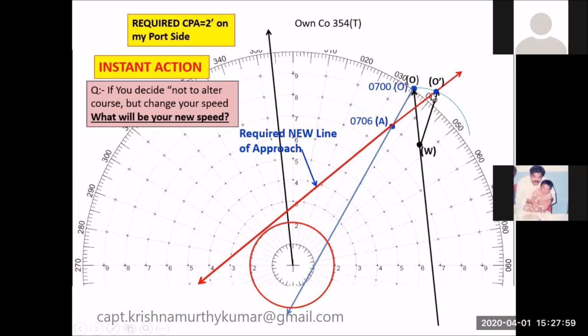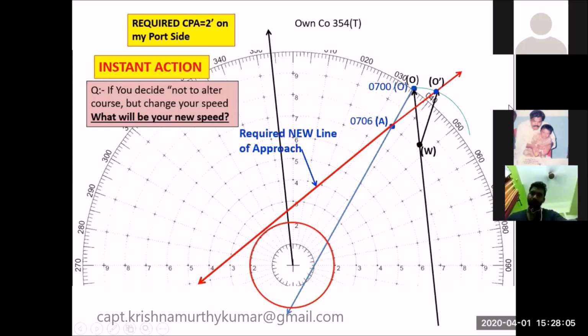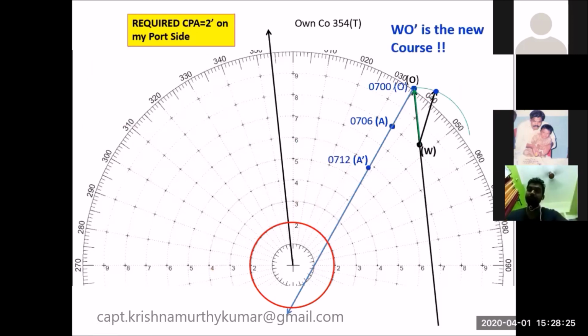Where are we going to put the O dash? Here. So take out that. This is O dash. So this will be your new speed. WO dash will be your new speed in 6 minutes.